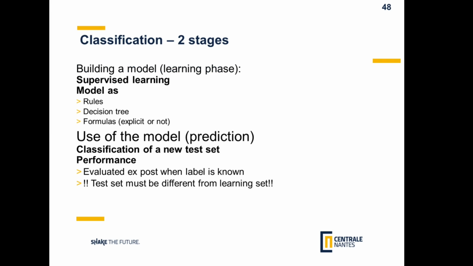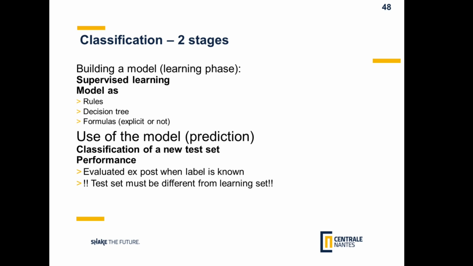So there are two stages when you are doing prediction. The first stage is the creation of the model by a learning phase, which will rely on the use of a labeled set of data. And you will model those existing data using rules or decision trees or formulas explaining the relationships between different characteristics, for instance.